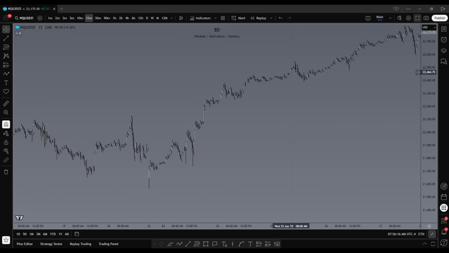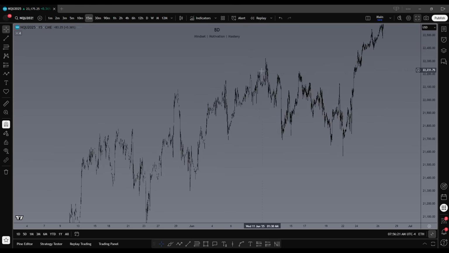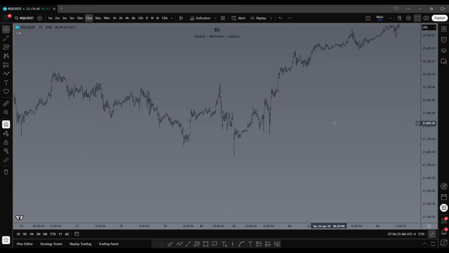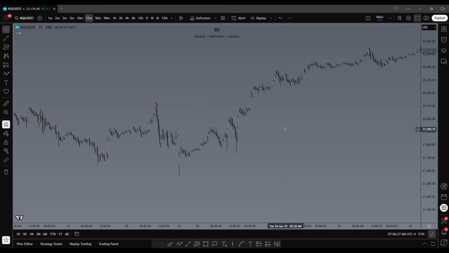All right, so right away, as we get into the examples here within the chart, we're going to be looking at a weekly power of three here. And it's no different when you're going down to a 4 hour power of three, a daily power of three. It is all the same.